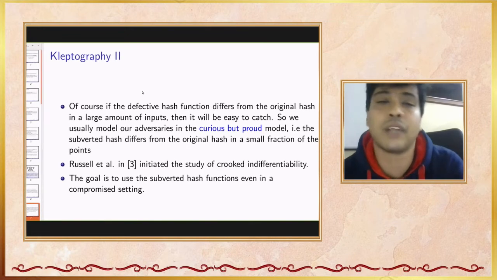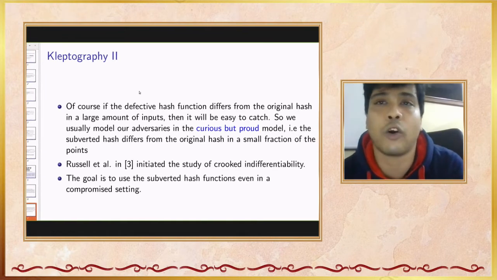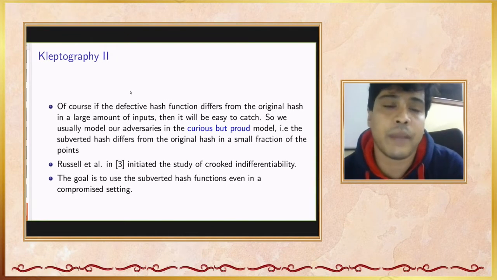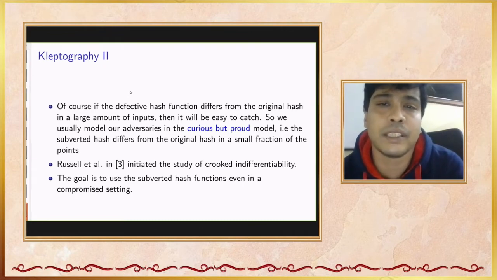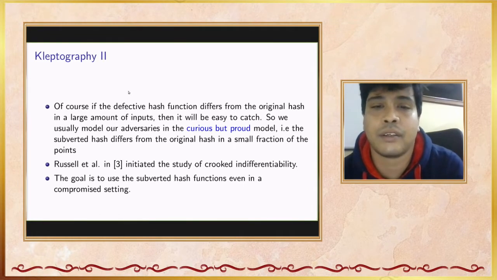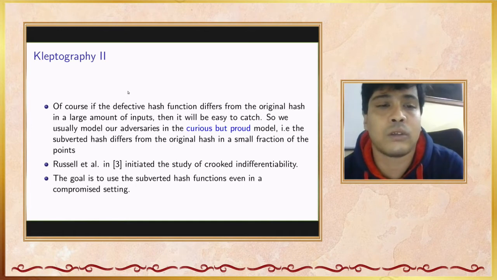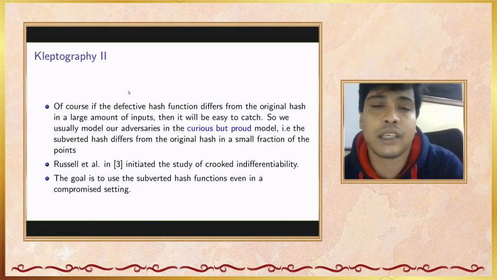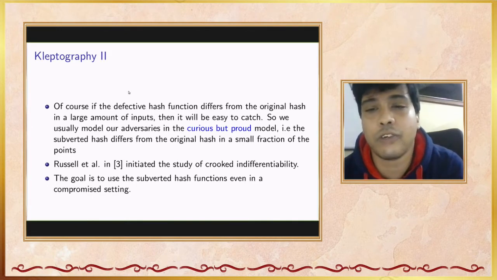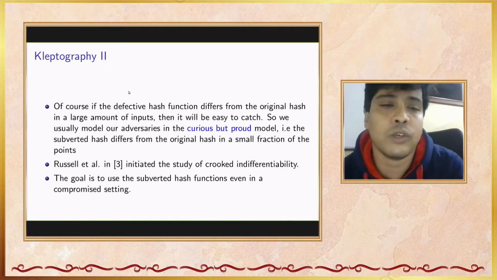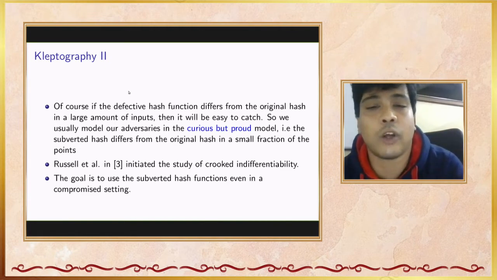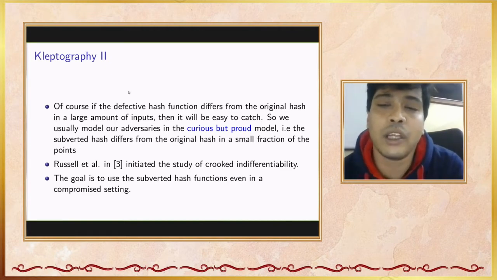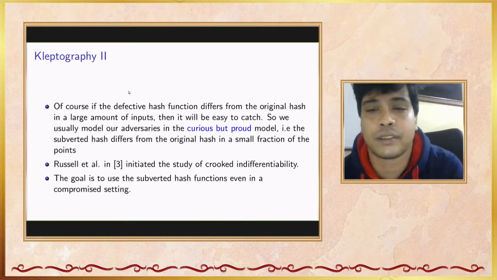Now, of course, if the defective hash function differs from the original hash function on a very large number of inputs, it will be easy to catch by randomly checking. So, a common way to model the adversaries in these cases is the so-called curious but proud model. The subverted function differs from the original function only in a small fraction of the points.